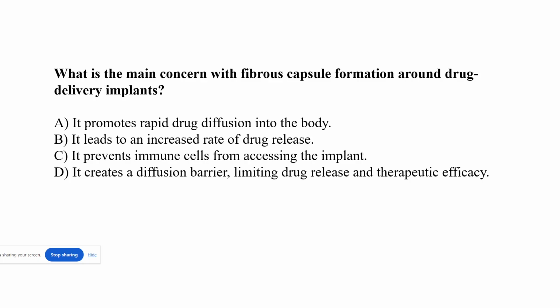But if it's a huge implant that the cells are not able to clear up from the body, then they'll start covering it up to form this fibrous capsule. And if they cover up the entire surface with these cells and their exudates, it creates a diffusion barrier for the drug coming out of the implant, thus limiting the drug release and its therapeutic efficacy.